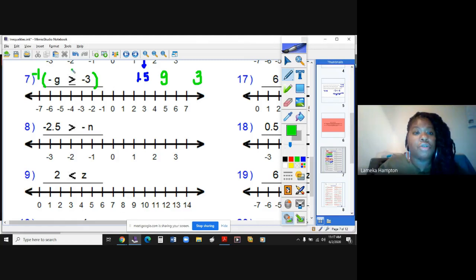Because I'm, again, multiplying by a negative number, this sign, which is greater than or equal to, will be flipped to less than or equal to. So now the question I have is, do I have an open circle or a shaded circle? And where is my circle going to be? Anybody can answer.